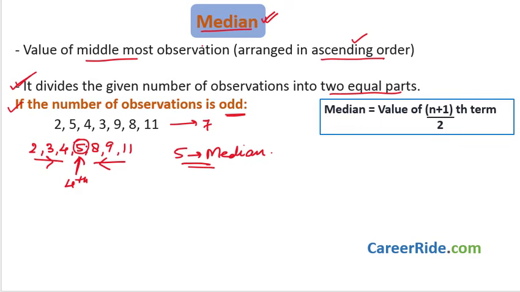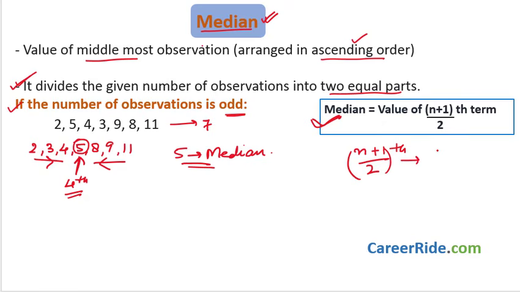But if the data set given to you is big, then what are you going to do? Then there is a very simple formula to find the position of the middlemost term first of all. The middlemost term's position will be n plus 1 by 2. This is the position that you are going to find, and the value that you find at this position is your median, right?